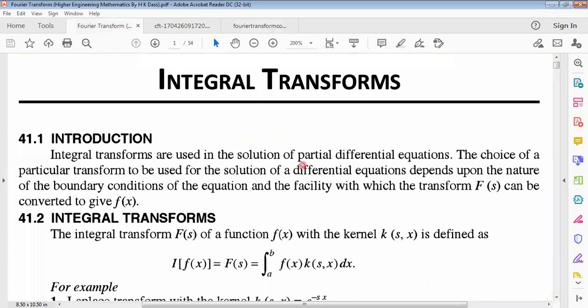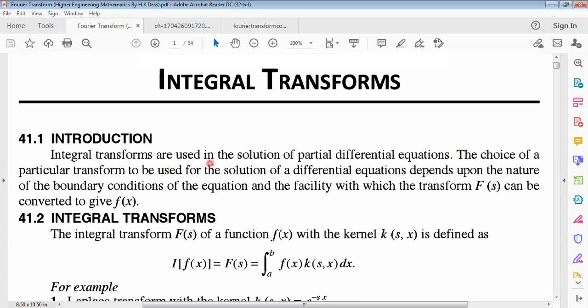Now, what is integral transform? Integral transforms are used in the solution of partial differential equations. A wave equation occurs everywhere in signal processing, in sound, when transferring sound from one place to another. In any wave equation, a partial differential equation occurs.